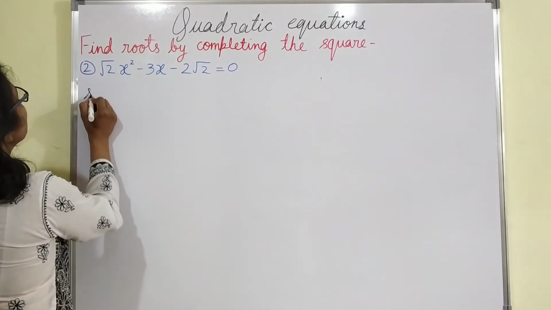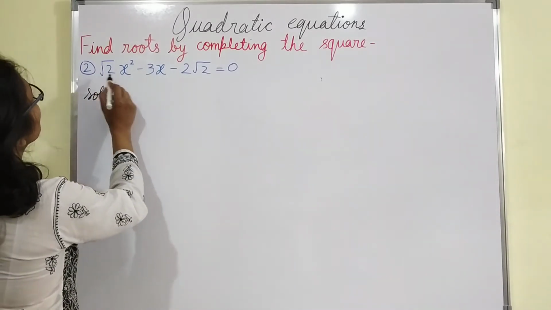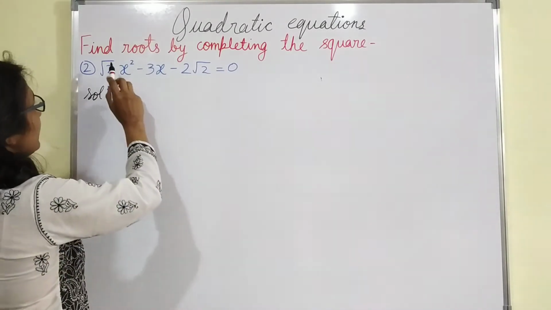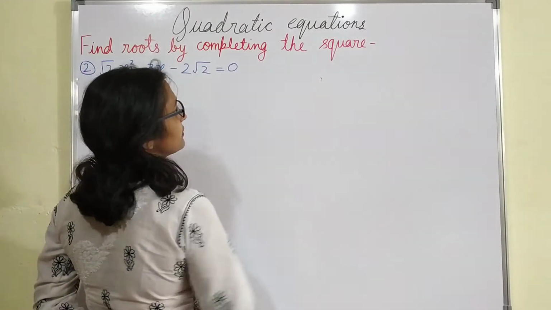Now the next example is root 2 x square minus 3x minus 2 root 2 equals 0, and we have to find the roots by completing the square.